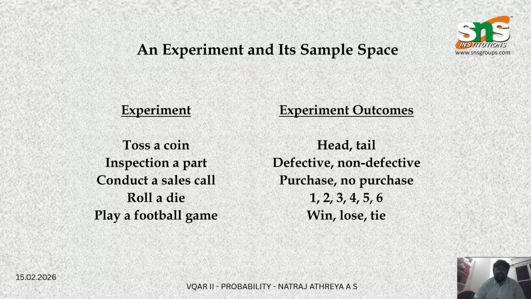The next one is the roll of a die. We'd have played snake and ladder and those games, right? We'd have used dice. When you roll a die, what are the possible outcomes? One, two, three, four, five, and six. Then playing a game of football or cricket or whatever it is, what are the possible outcomes? You can either win or lose, or it can be a tie.